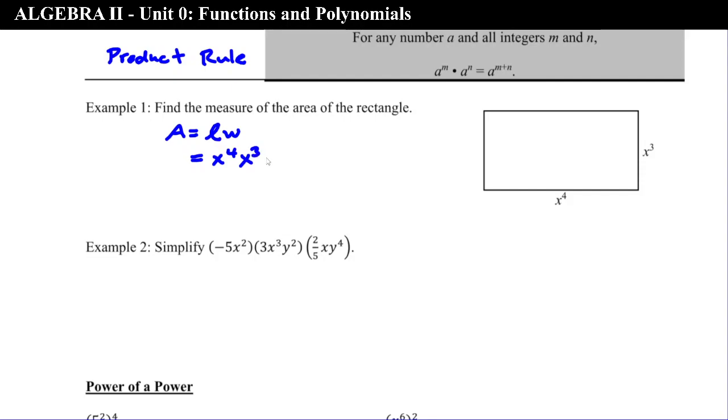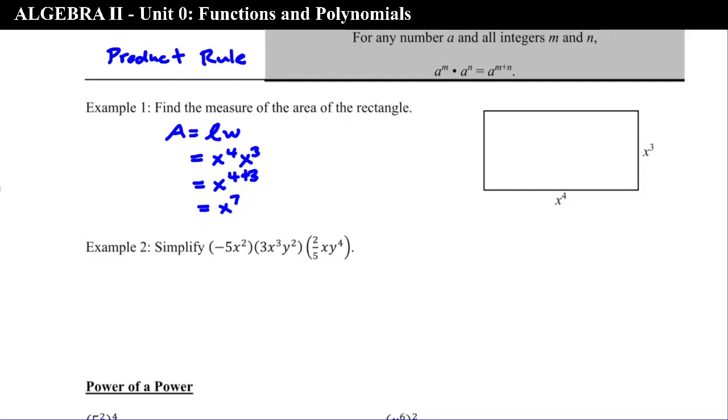Well, if we multiply those together, we can add the exponents since it's the same base. It's base x. So if we add together our 4 and our 3, then we end up with x to the 7th as our answer. And since our length and width were given in terms of x, it's perfectly acceptable that our area would also be in terms of x.